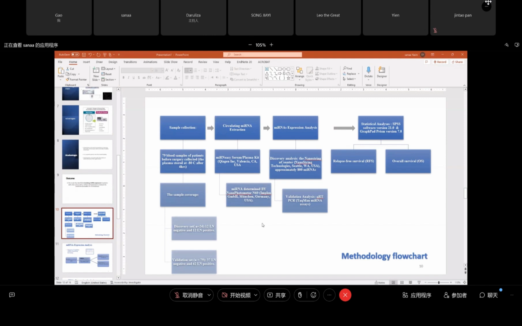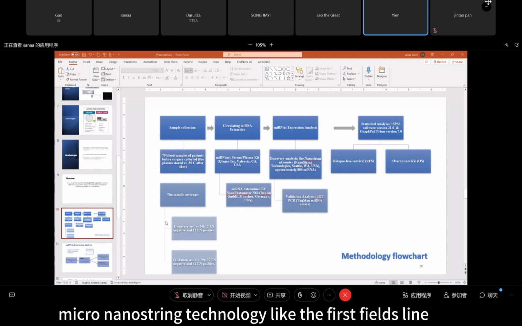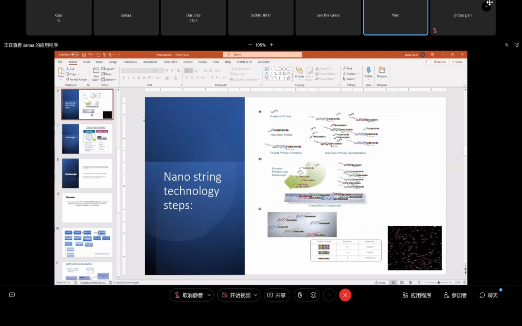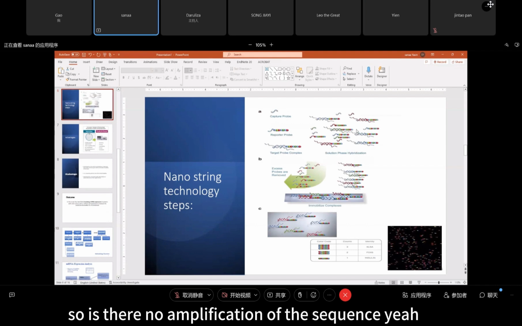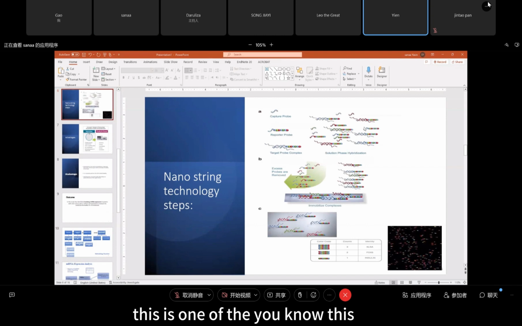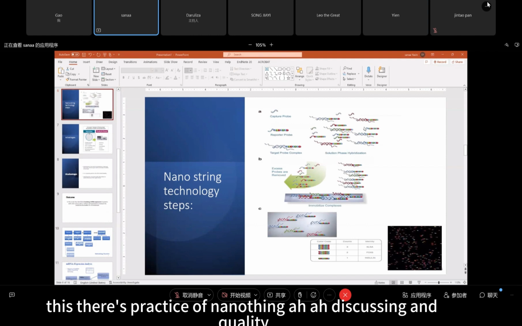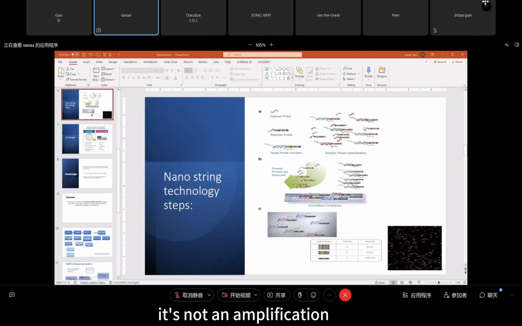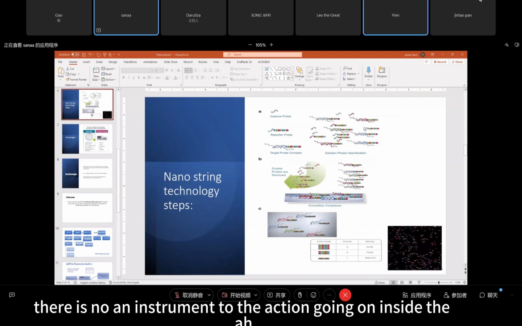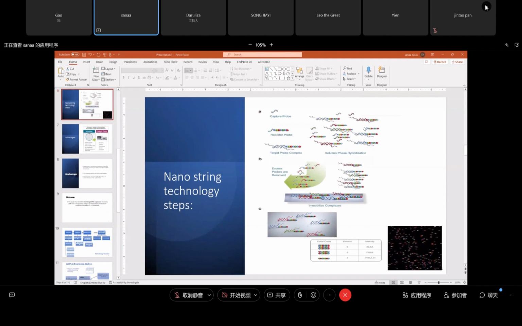All right. Sana, can you go back to the flow chart of the NanoString technology, like the first few slides? Okay, this step, yeah, this one. So is there no amplification of the sequence? Yeah, this is one of the characteristics of NanoString. Apart from sequencing and quantitative PCR, there is no amplification, no enzymatic reaction going on inside the sample in this technology.